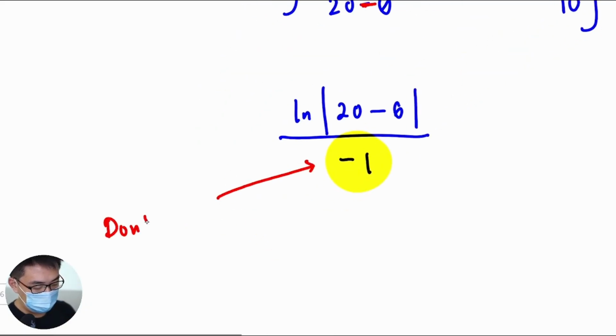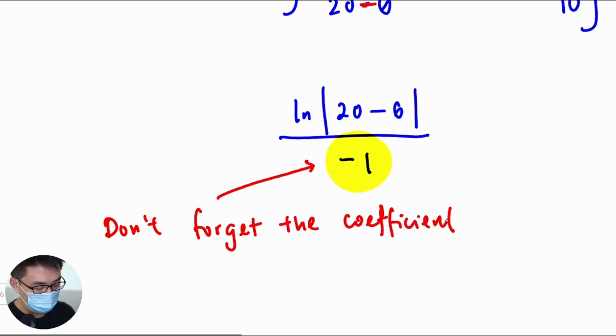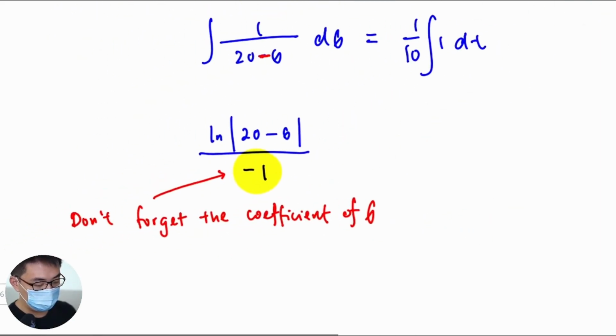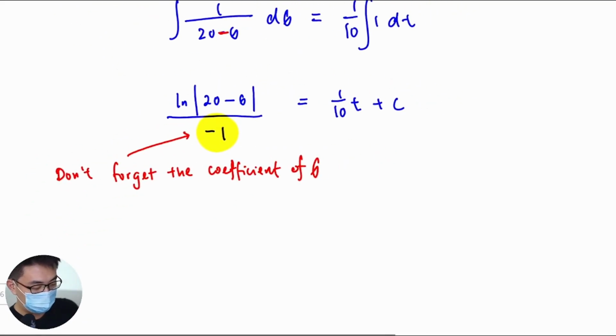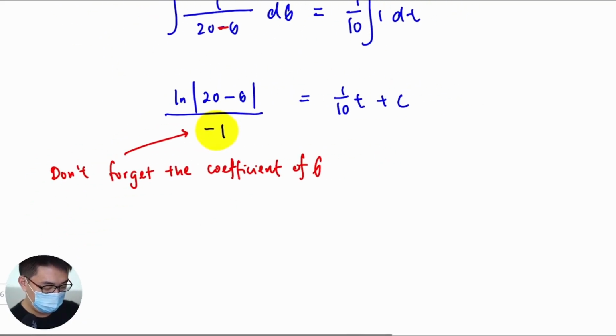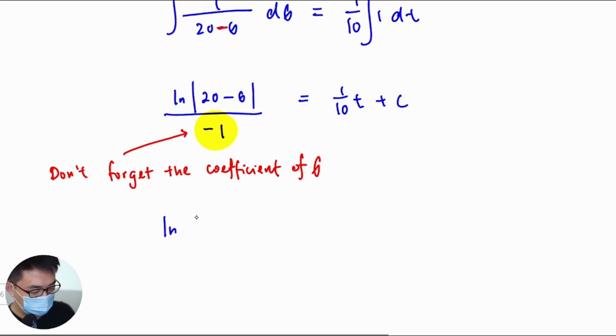Don't forget. Okay, so there you go. So this goes to 1 over 10 t plus c. Yeah, negative is the mother of all careless mistakes.